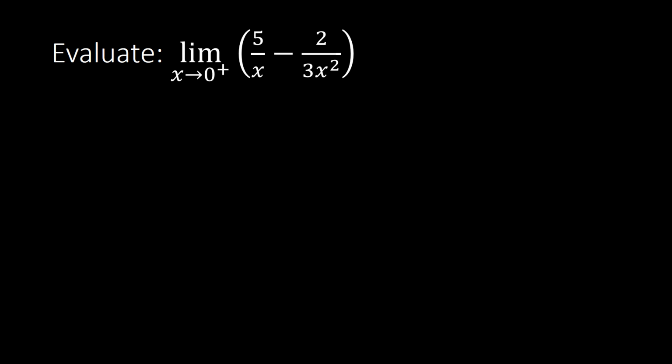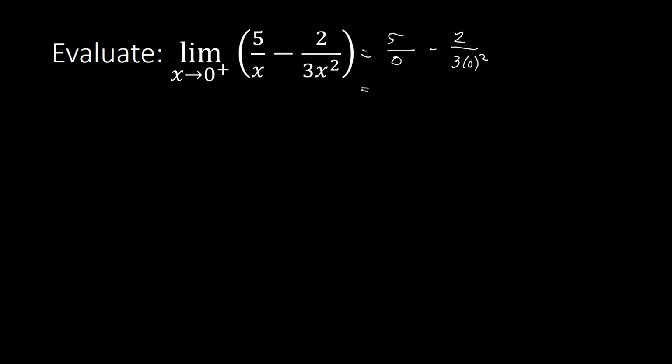We have the limit of 5 over x minus 2 over 3x squared as x approaches 0 coming from the right side. So let's try to test it out. We've got 5 over x, where x is 0, minus 2 over 3 times x squared, where x is 0.